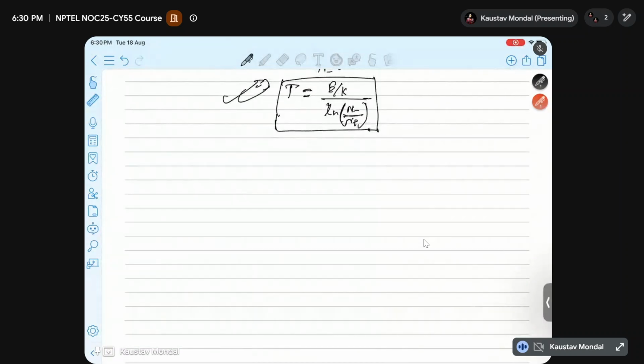Now, one important observation from here is that in the denominator part we have ln of n minus by n plus.